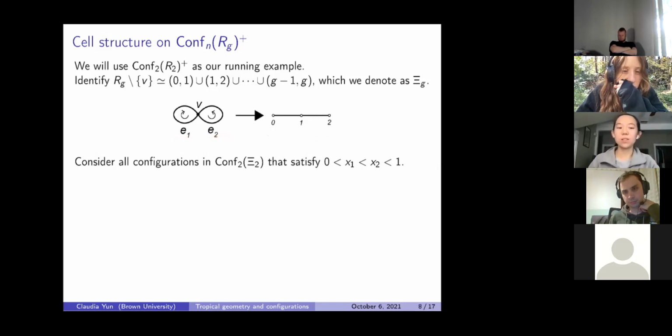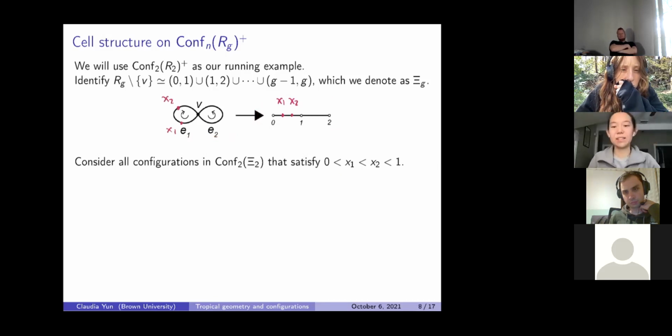So now I want you to consider all configurations on this union of intervals that satisfy the relation that x1 is left of x2, and both of them are on the first interval. It looks something like this, and back on the rose, this corresponds to a picture that looks like this.